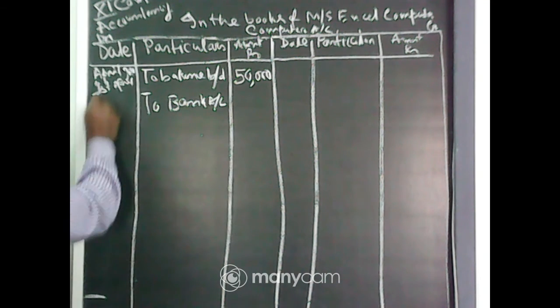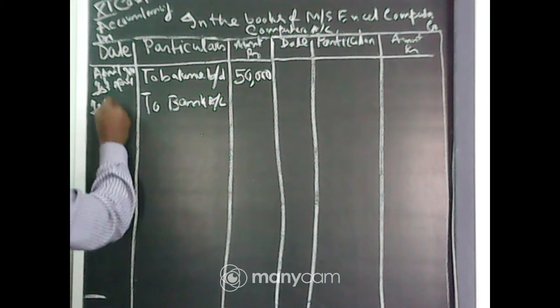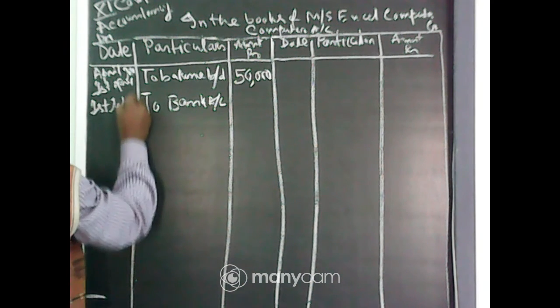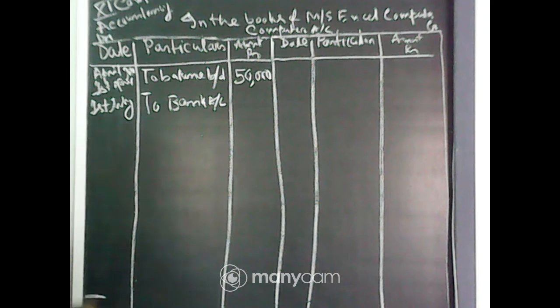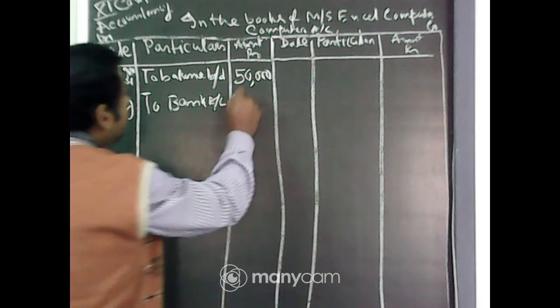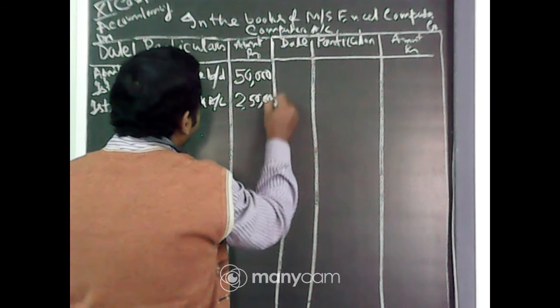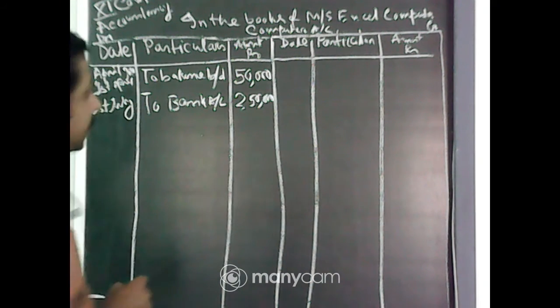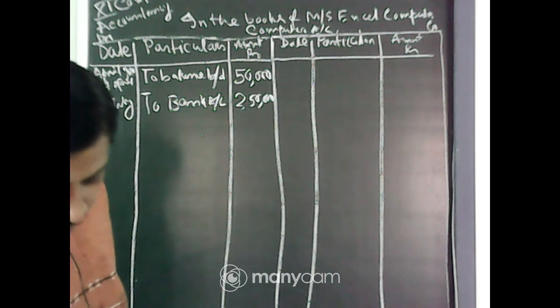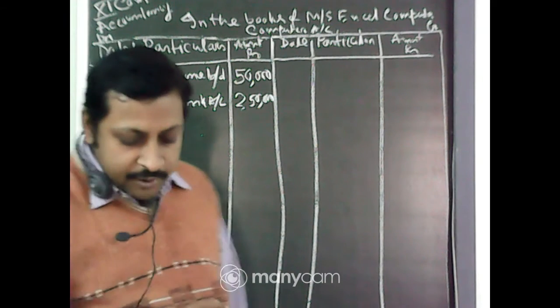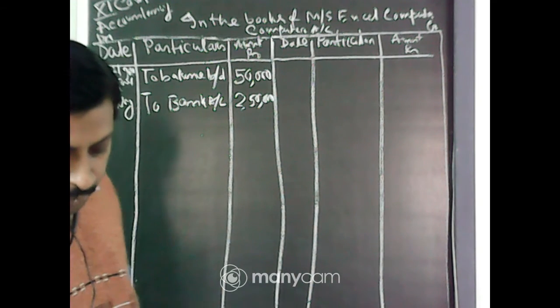The date is important, 1st July 2010, and we write down 2,50,000. Next, one more computer was purchased on January 1, 2011 for rupees 30,000.